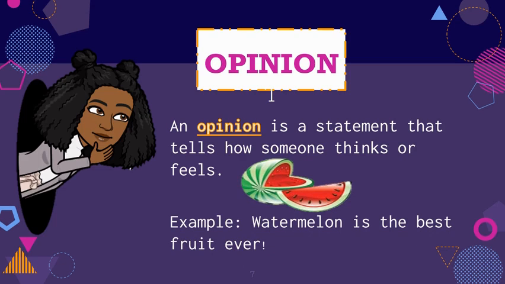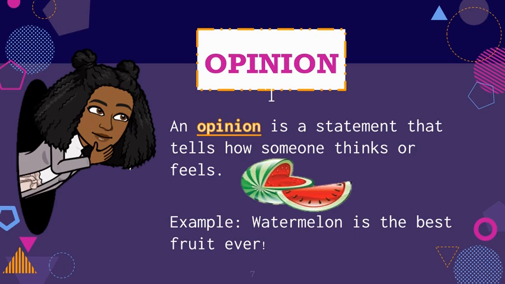I know some of you love delicious, juicy, mouth-watering watermelon, especially in the summer when it is so hot. Well, this sentence here is an example of how someone thinks or feels. And this is how you know that you are reading an opinion.